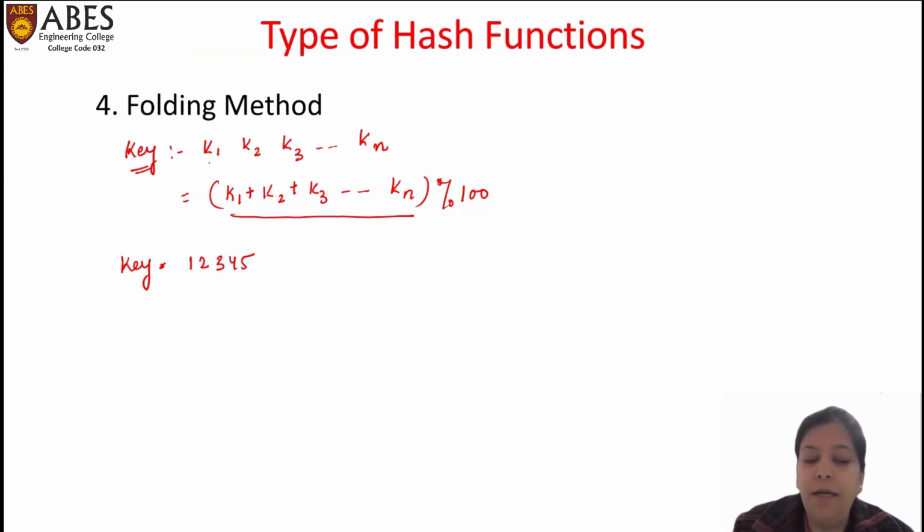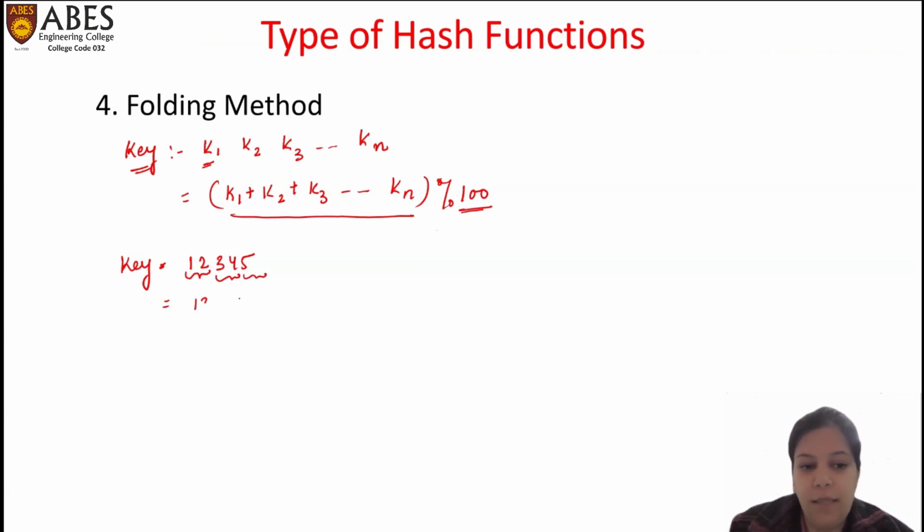There can be different numbers of digits that you can take here, because the table size is 100 and the indexes will be from 0 to 99. So we will divide this number into 12, 34, and the last can be only 5.